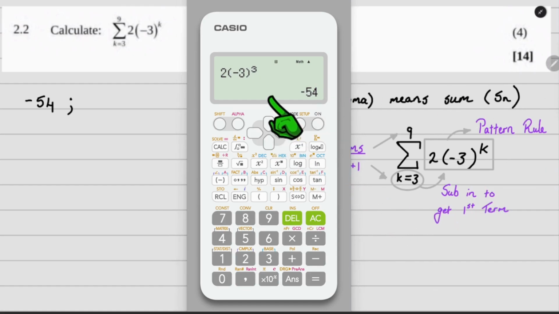To get the second term, you add 1 to the previous k value. So I'm going to overwrite that 3 to be a 4, and then it pops out my second term, which is 162. And to get the last term, I'm just going to change that 4 to a 5. Remember, you just keep adding 1 and you go through the pattern. And it gives me minus 486.